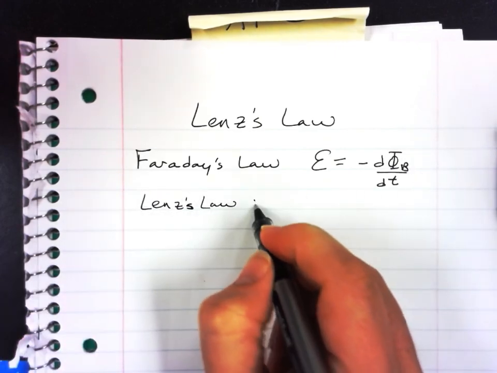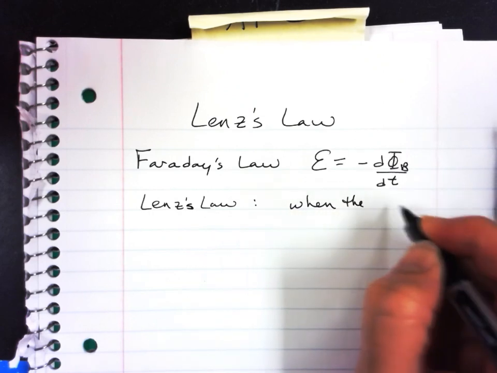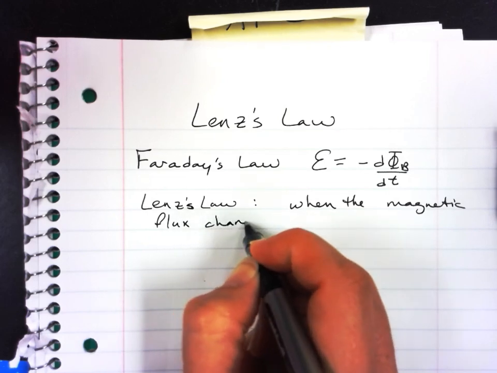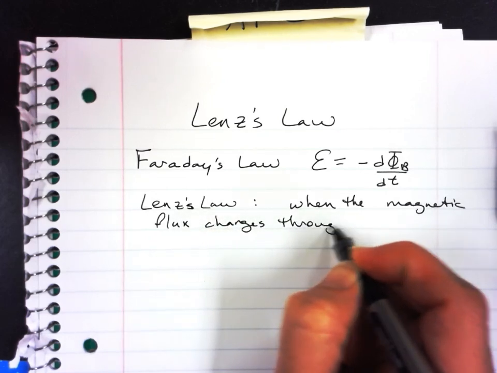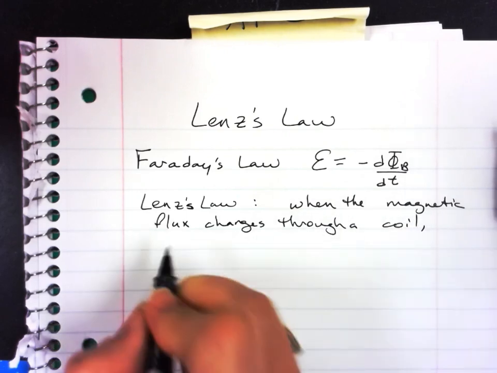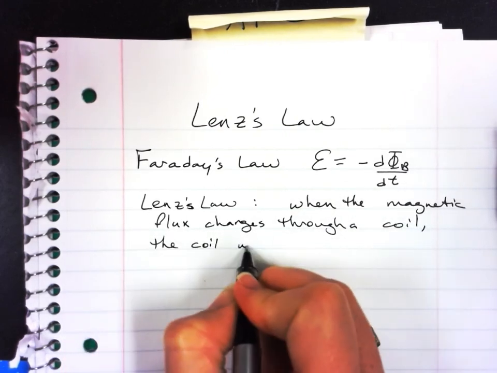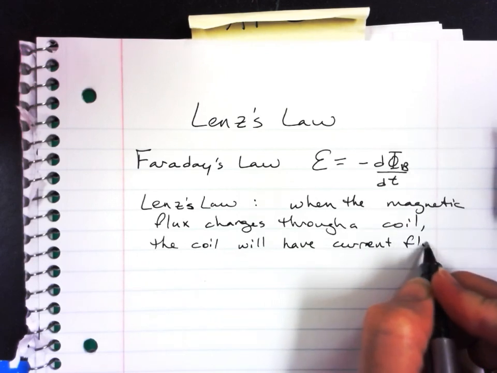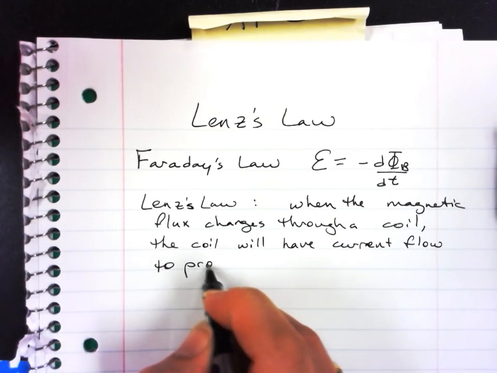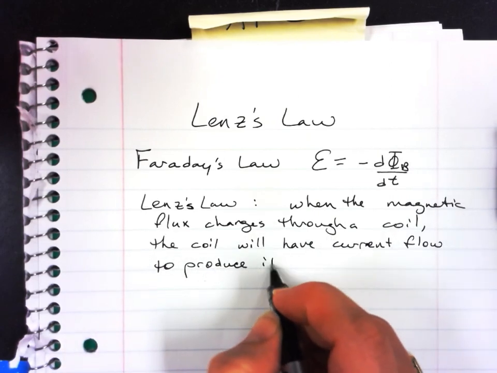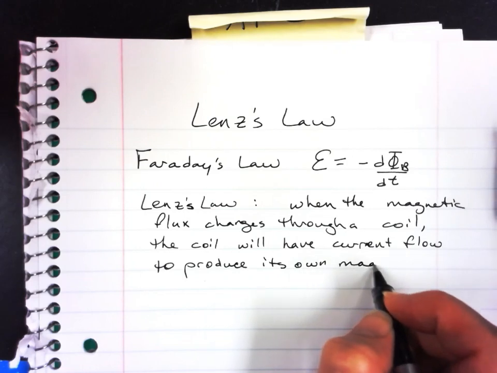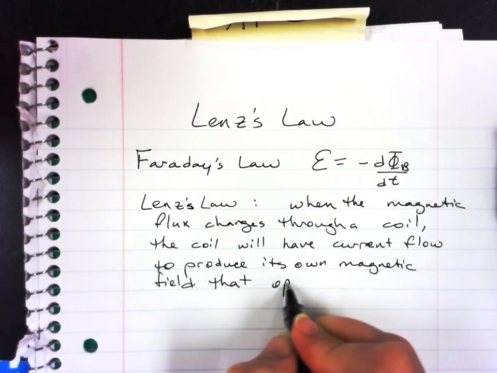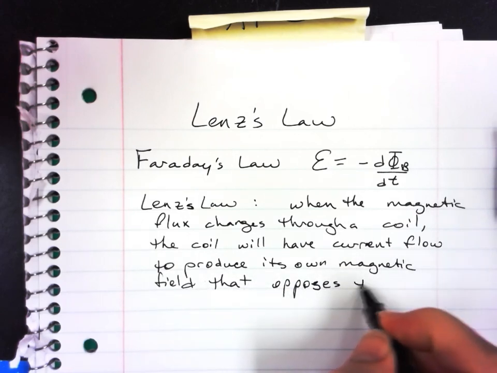So Lenz's law says when the magnetic flux changes through a coil, the coil will have current flow to produce its own magnetic field that opposes the change.